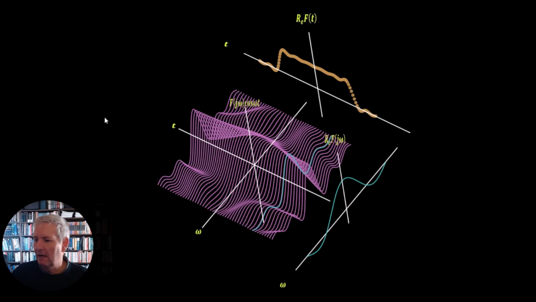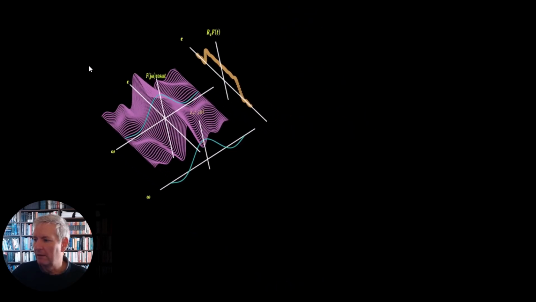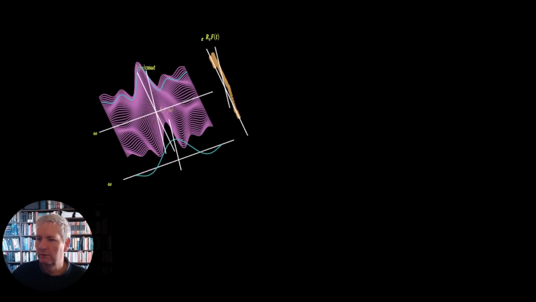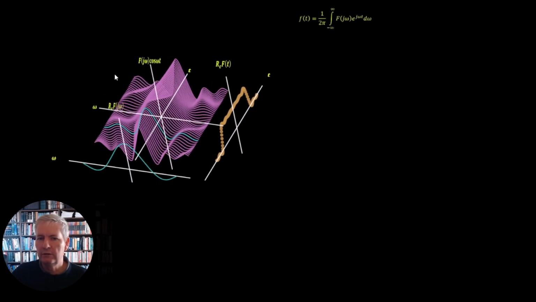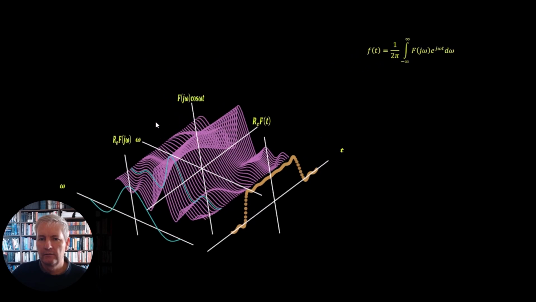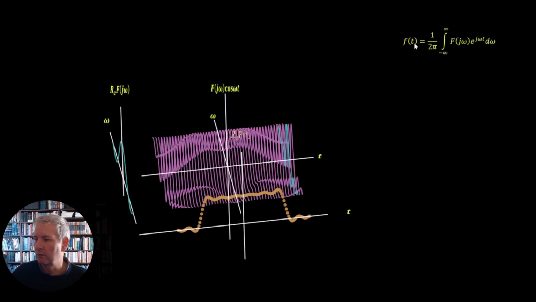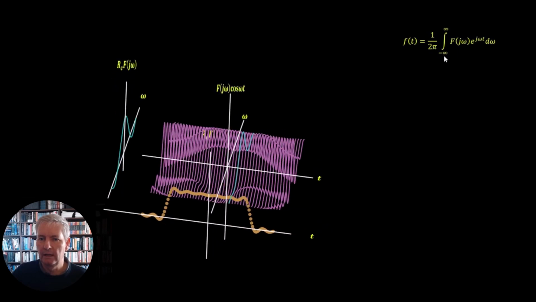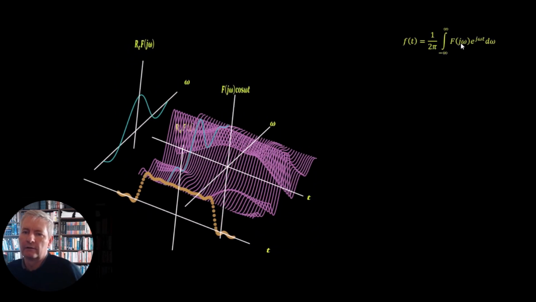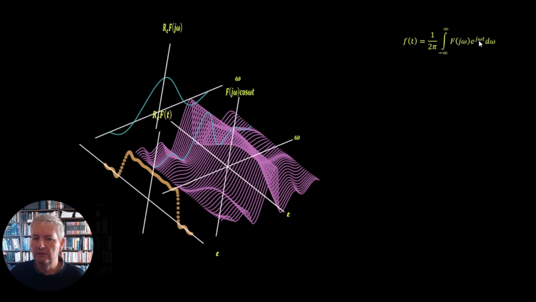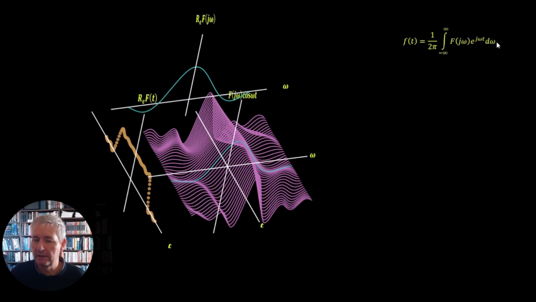So let's quickly have a little look at the actual mathematics that we can use to perform this. So we're going to have the inverse Fourier transform, f of t equals 1 upon 2 pi, the integral from minus infinity to infinity of F of j omega times e to the j omega t, d omega.